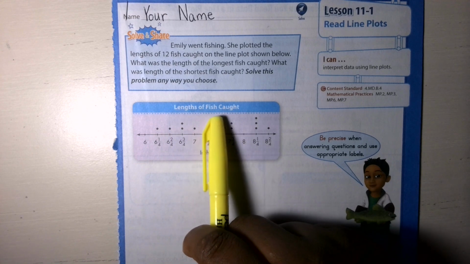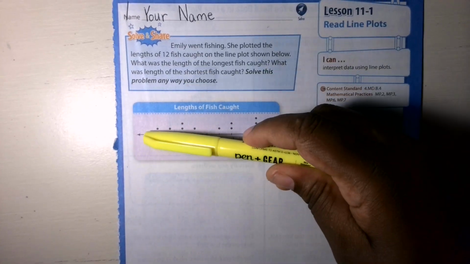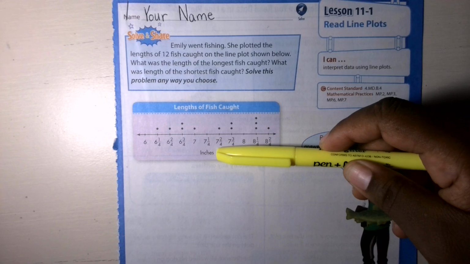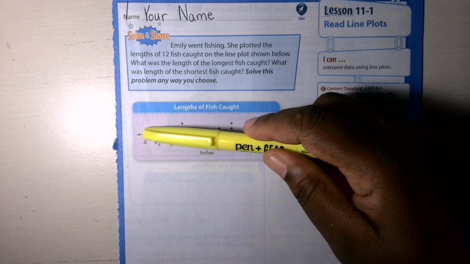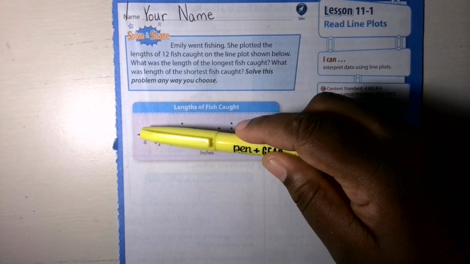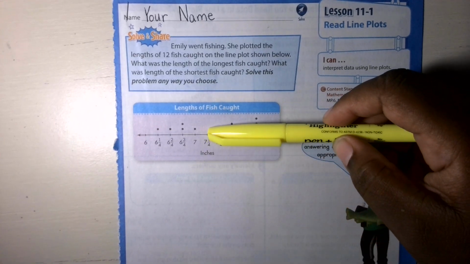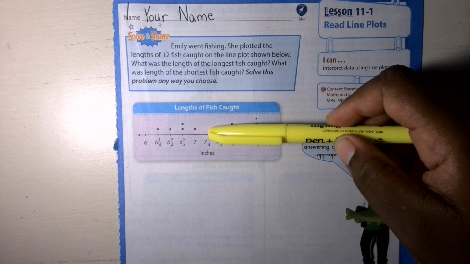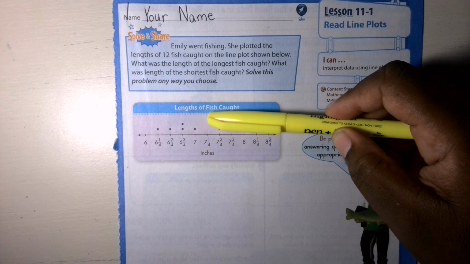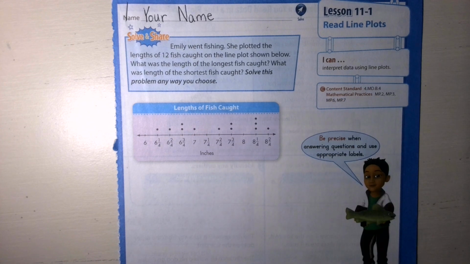So these are lengths of fish caught. There are no dots at 6 inches, and so that means none of the fish that were caught were 6 inches long. There are no dots at 7 1/4 inches, so none of the fish caught were 7 1/4 inch.